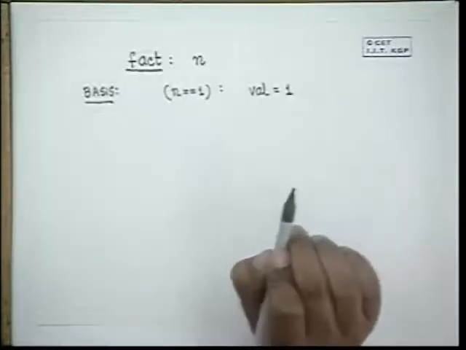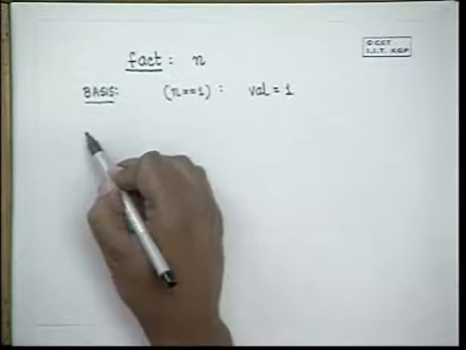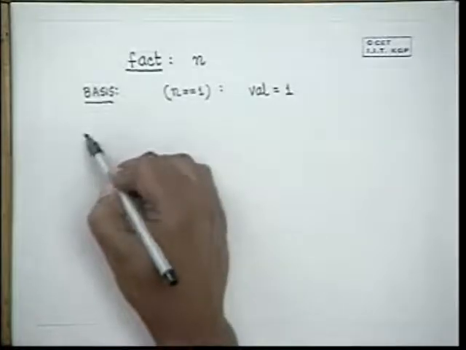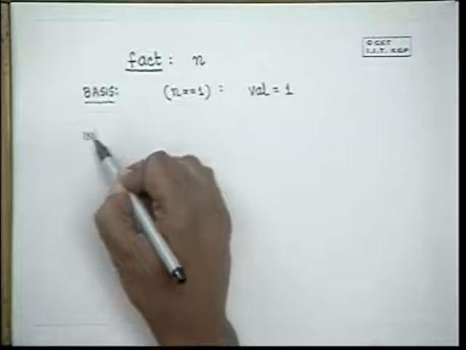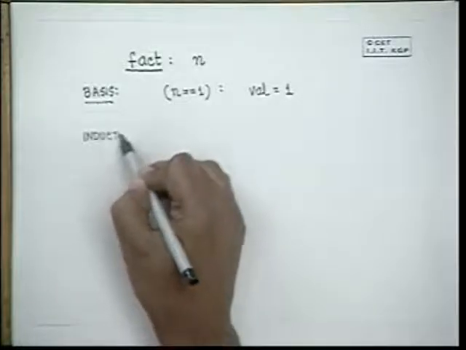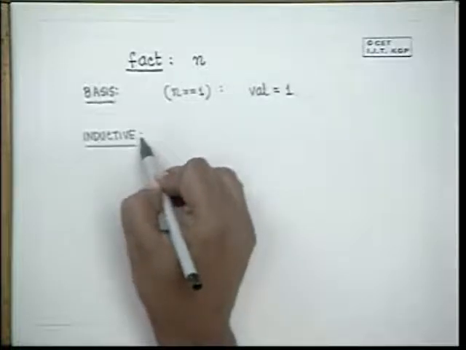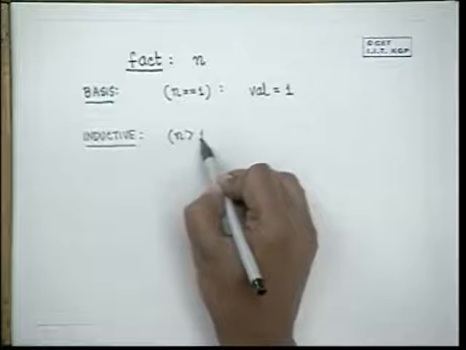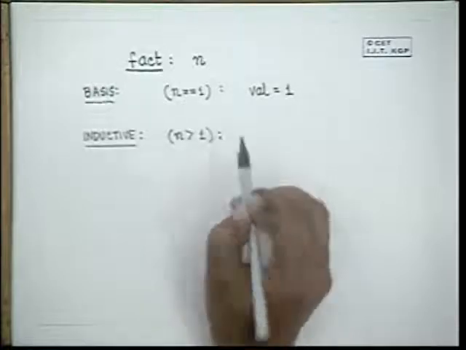There is no recursion. The second is the inductive part or the recursive part. The condition here is n is greater than 1. And what happens here?